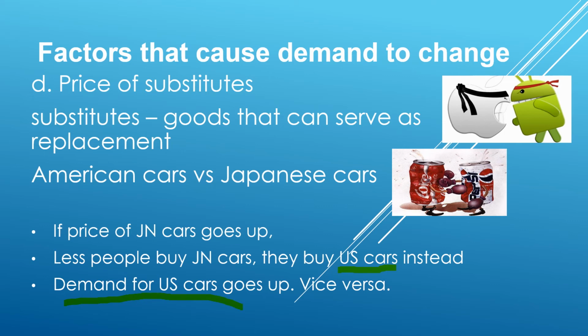Get it? Okay, so this means that when the price of Japanese cars goes higher, people buy fewer Japanese cars, people buy more American cars. This means that the demand for American cars goes higher. Get it? Very good.